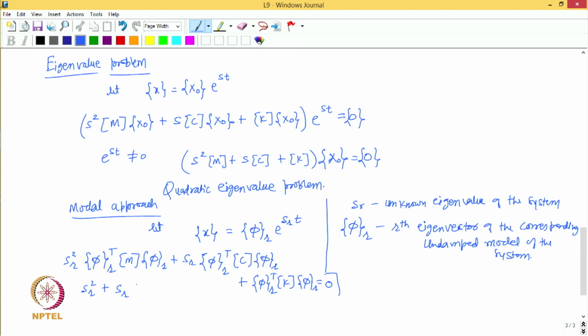This becomes nu k times phi r transpose k phi r, which is omega r square, where omega r is the rth natural frequency of the corresponding undamped model, plus nu m times phi r transpose m phi r, which would be unity. Then plus phi r transpose k phi r, which is omega r square, and this is equal to 0. So this is the equation we obtained.